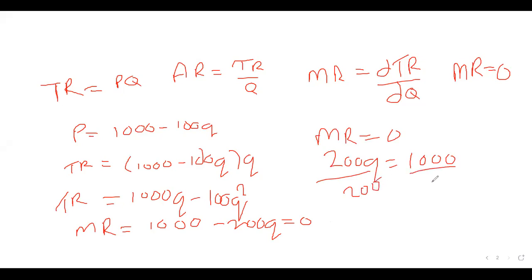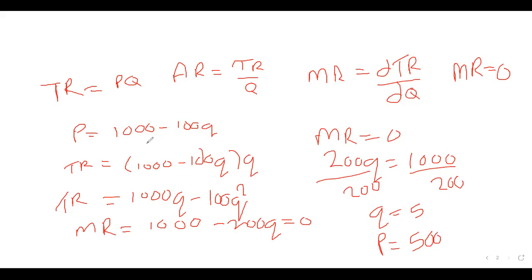We're going to get our quantity as what? As 5. Then we substitute the quantity of 5 into the price function to find the price that maximizes revenue. When you put a 5 there, it will be 1000 minus 500, meaning our price will be 500. So this is how we maximize our revenue function.